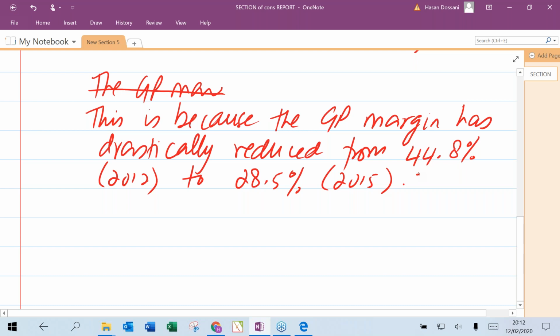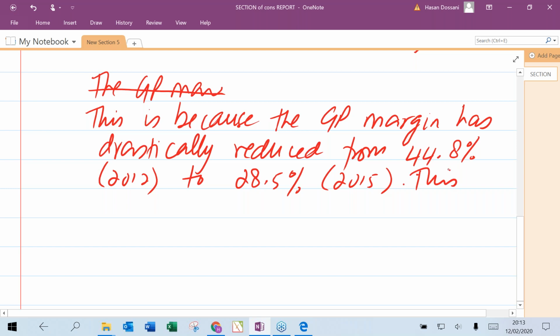Also, we did not read exhibit one fully. It was mentioned somewhere that the cost of raw materials are increasing globally. But you're right. The root cause of deteriorating GP margin is that cost of sales are not in line with the revenue movements.